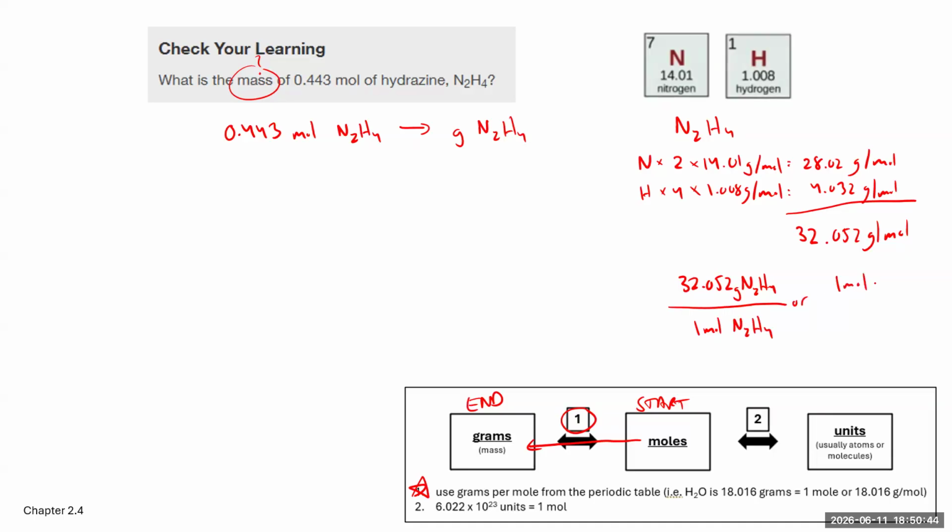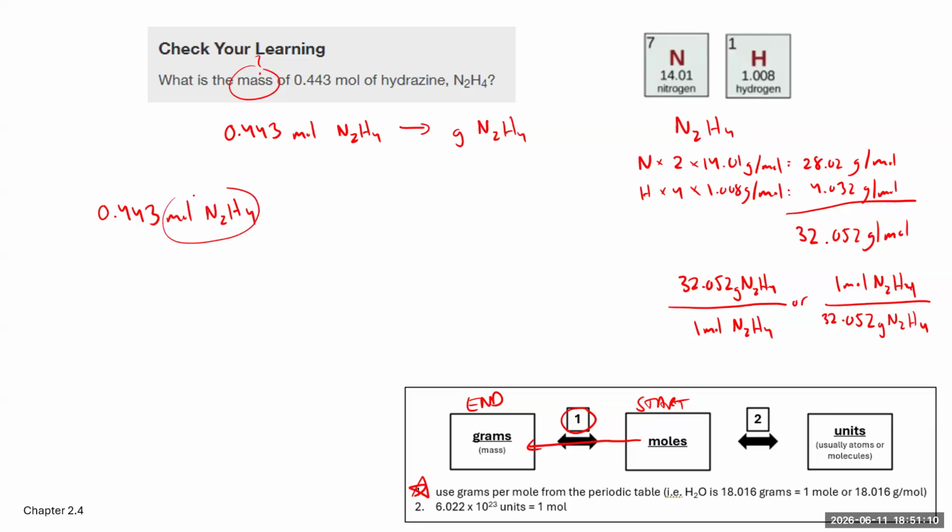Or let's turn it around, 1 mole of N2H4 over 32.052 grams of N2H4. Well, original value, 0.443 moles of N2H4.